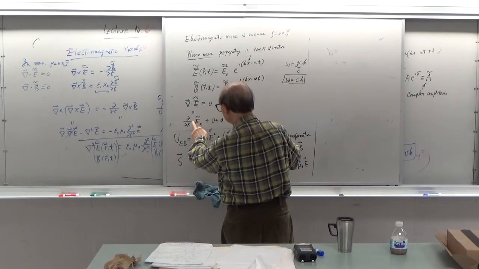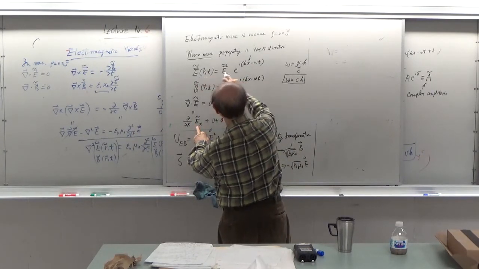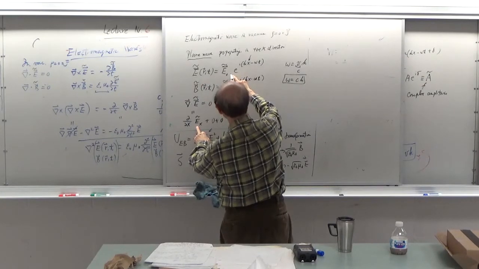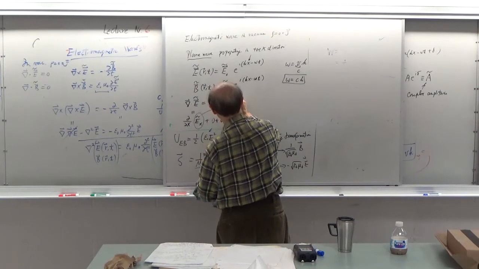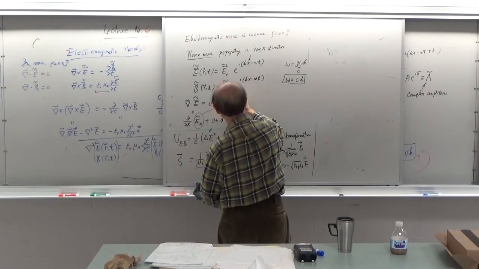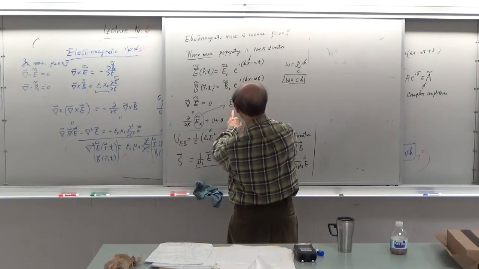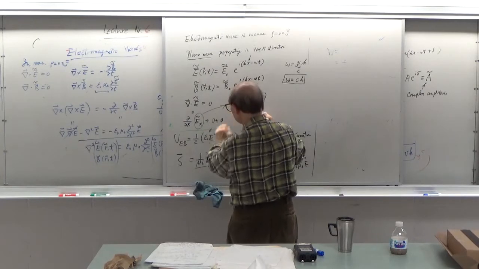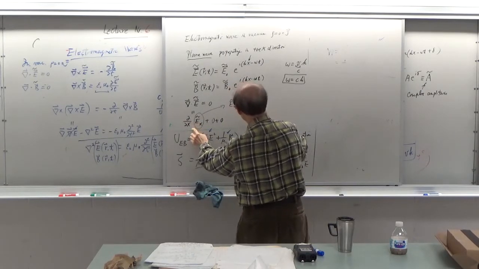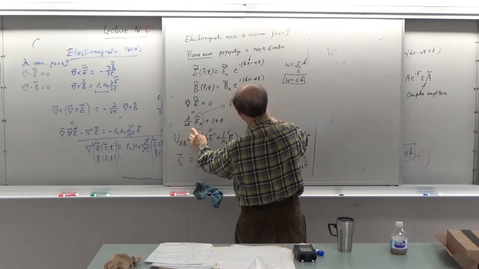What is del by del x acting on the x component of this? The x component of this involves the x component of that amplitude, times e to the i(kx minus omega t). So del by del x, on this constant amplitude, acts on the exponent to bring down i k.